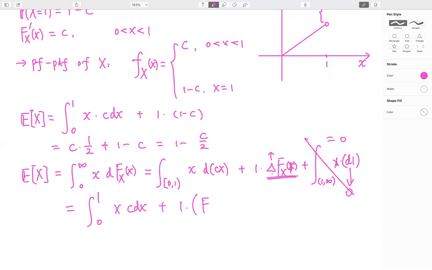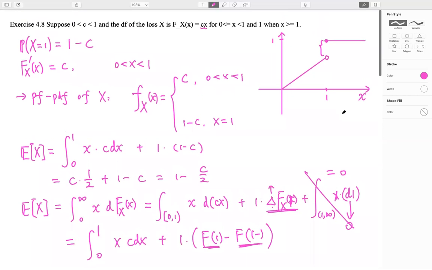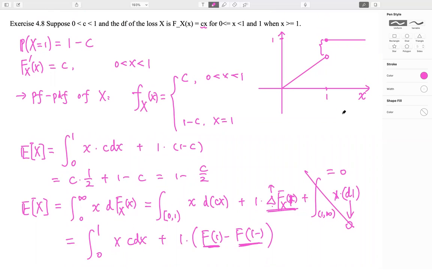For the jump, not x, it's 1, so it's F(1) minus F(1-). This means the value at 1, and this means when you approach 1 from the left-hand side, as in calculus.